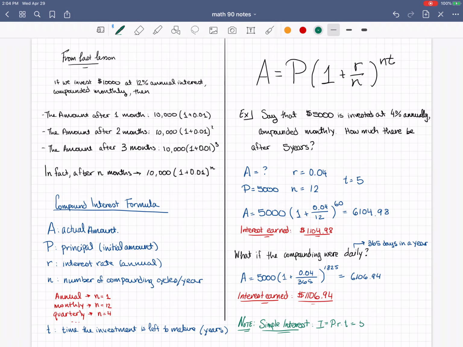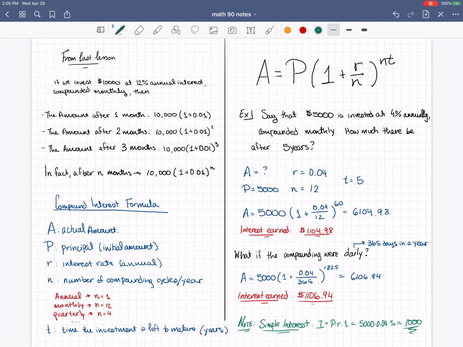So in this case, that's 5,000 times 0.04 times 5. So 0.04 times 5 is 0.2. So when we multiply those, we get 1,000. So clearly, there's a significant difference between simple interest and compound.